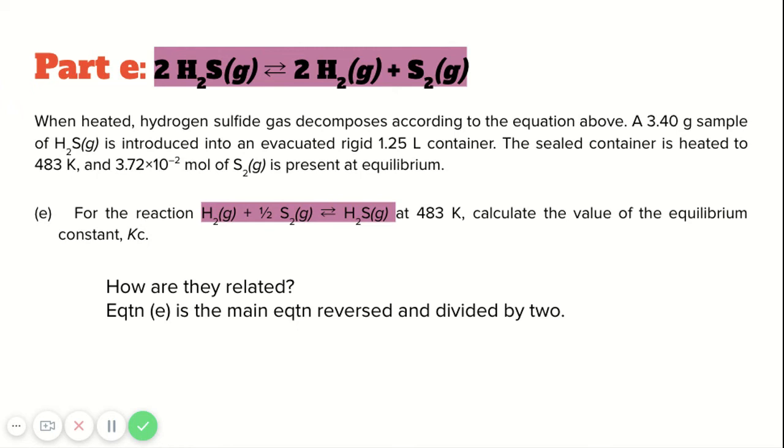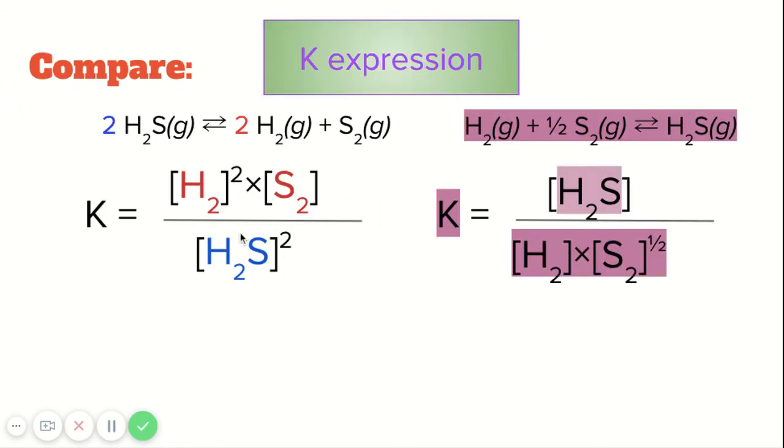If that didn't make sense, let's just start comparing them. So I'm going to write out both expressions. There's the main one that we've been dealing with so far, and the purple one.